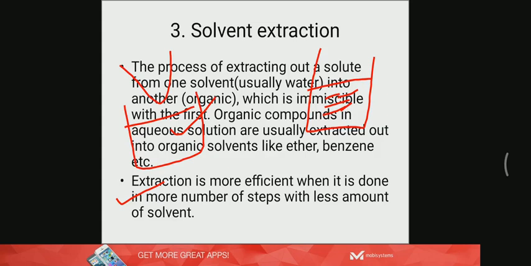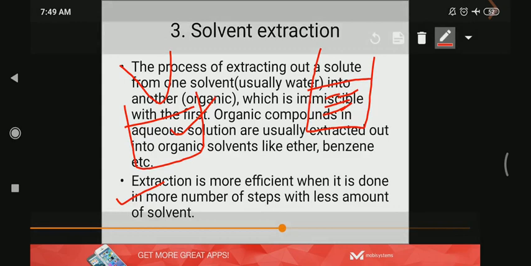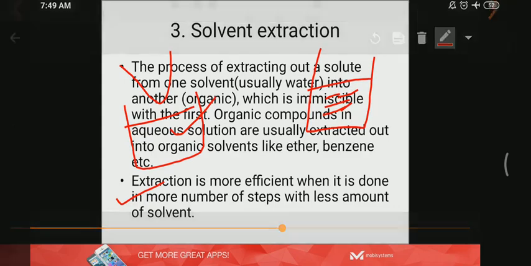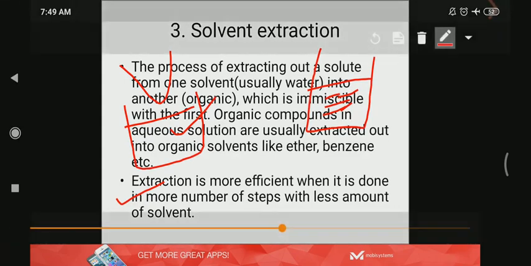So the best washing is washing many times with a little amount of water rather than just pouring the whole cup of water in a single step. The same thing applies to solvent extraction, and it can actually be mathematically proven also.